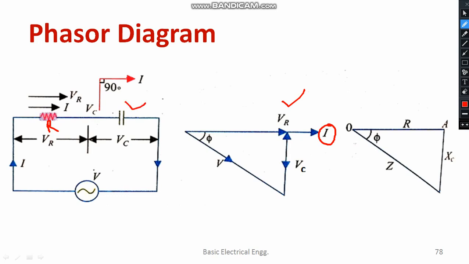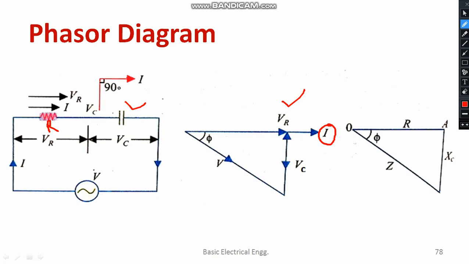When it comes to a capacitor, what did you understand from the capacitor? I have already explained in one video the behavior of a capacitor in an AC circuit. In case of a capacitor, the voltage is lagging compared to current. In an ideal case, voltage lags behind the current at an angle of 90 degrees. So let me ask, how will you represent VC?